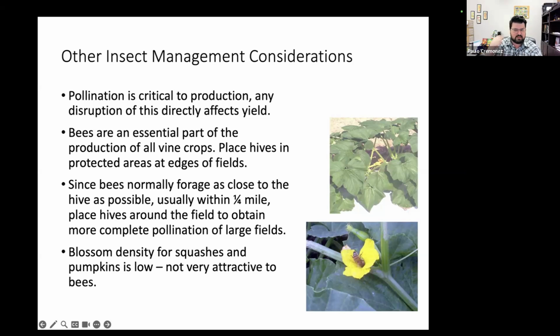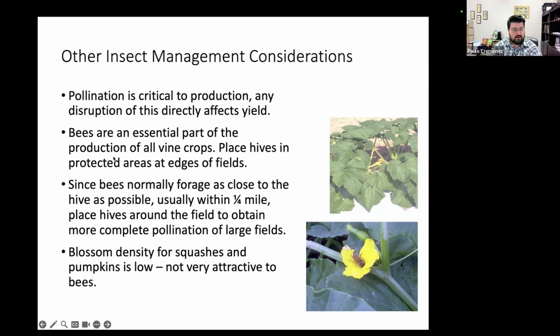Wild bees and other insects are normally sufficient to pollinate small fields, but if you have fields that exceed 1 to 2 acres, you might have to bring beehives for pollination. You could also use, for example, 1 beehive for every 2 to 3 acres of pumpkins and squash.